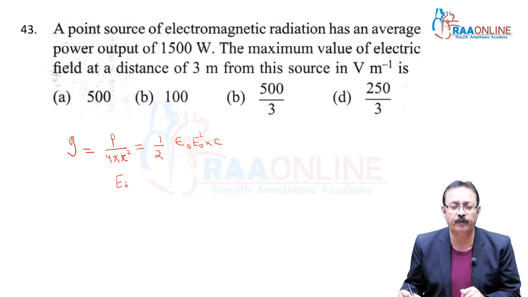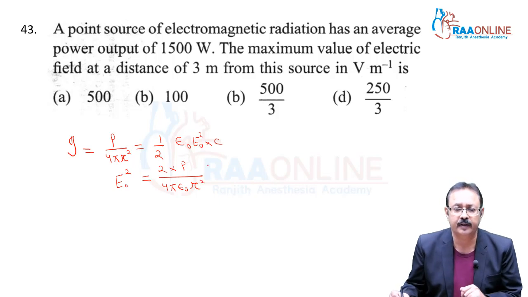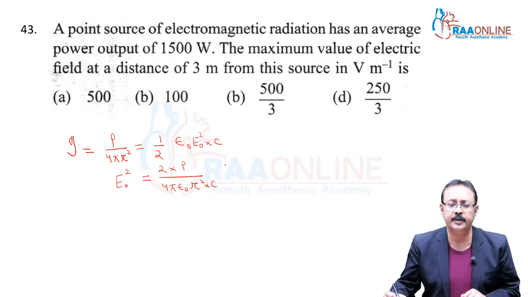How to calculate? First we will calculate E naught square. It is 2 into power, take this term on this side, 4 pi epsilon naught r square into C. Easy to calculate.